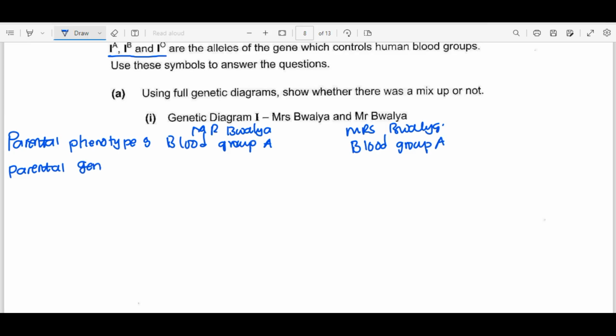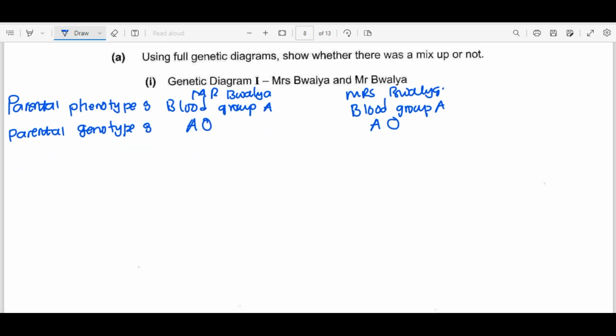So move on to parental genotype. So let's say we use homozygous AA, or maybe let's use the mixture. So we use AO, we also use AO, so that maybe we see the chance of having a child with blood group O. So we have a random fertilization.